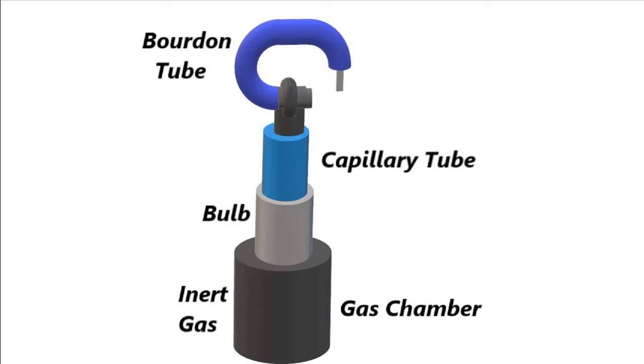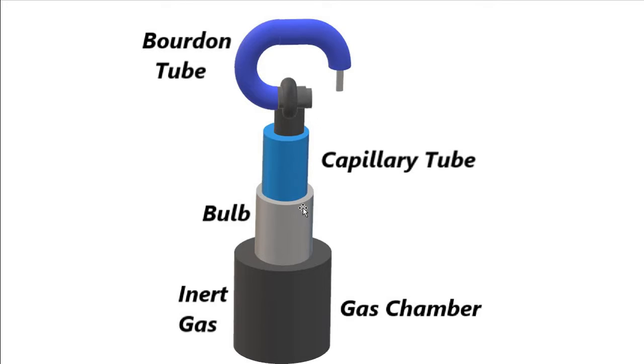Argon, neon, radon, helium, krypton are all used, but commonly helium is used, or sometimes nitrogen gas is a good alternative. Then we have the bulb and the capillary tube which channelizes the pressure that develops as a result of the fluctuating temperature. All of these have fixed dimensions, so the volume is constant.